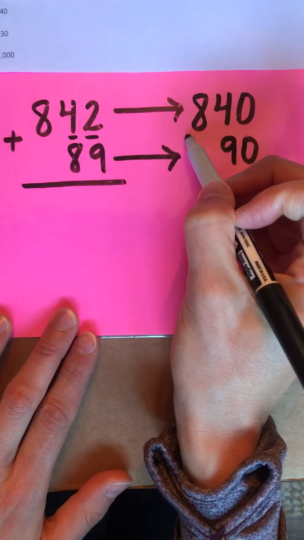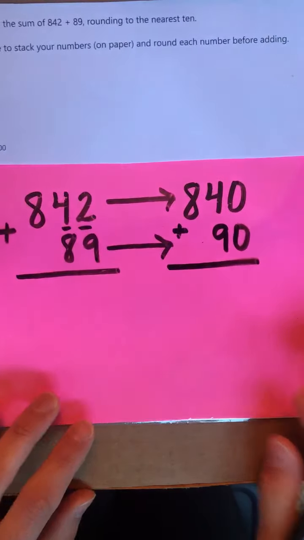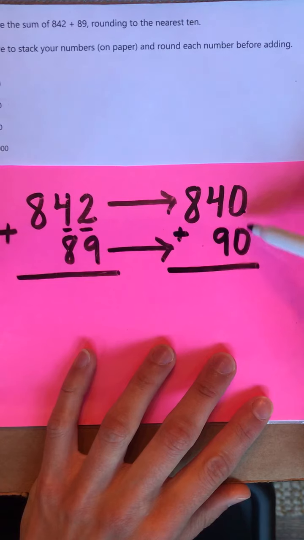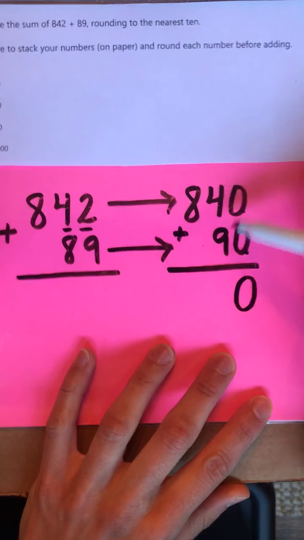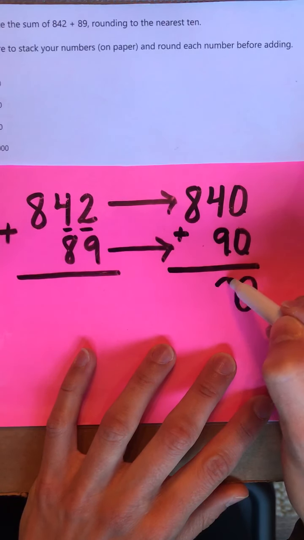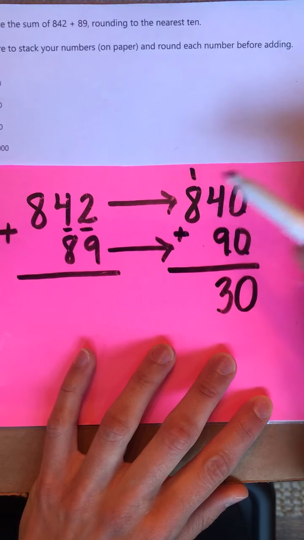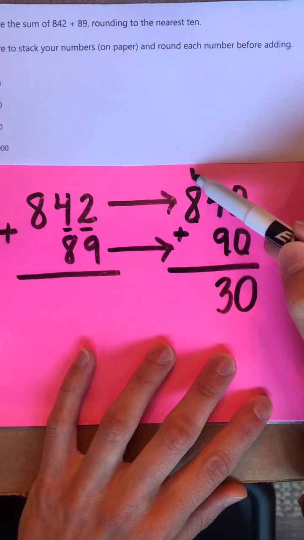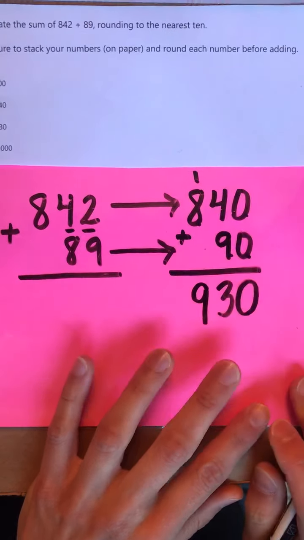Now you are ready to add and find the sum of your rounded numbers. Let's just do this one together. 0 plus 0 is 0. 9 and 4 more is 13, right? So we put our 3 tens and we carry our 1 to our hundreds place, and 8 hundreds and 1 more hundred is 900s.